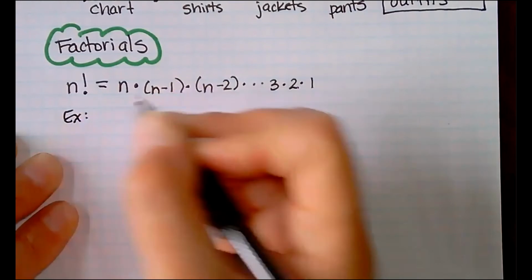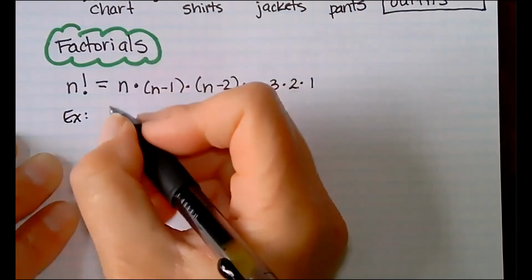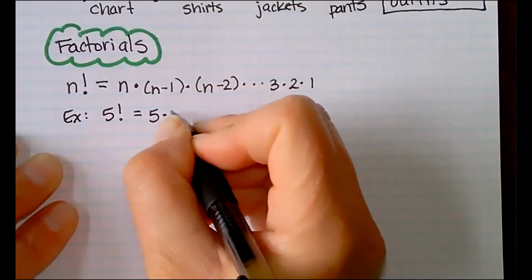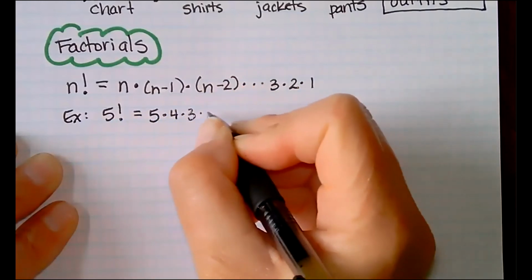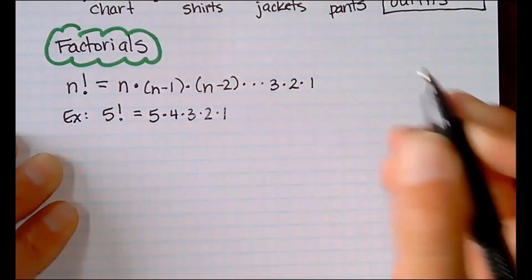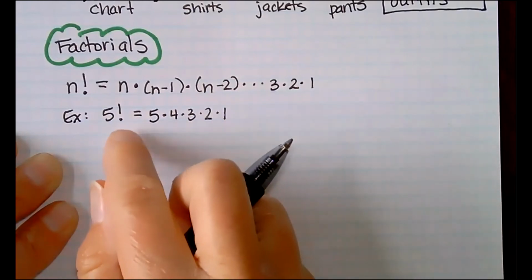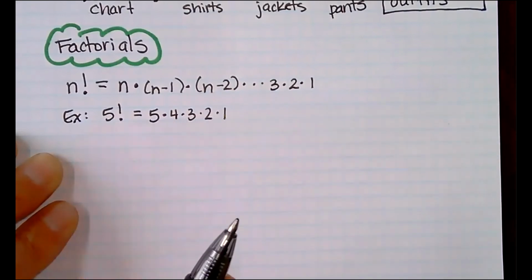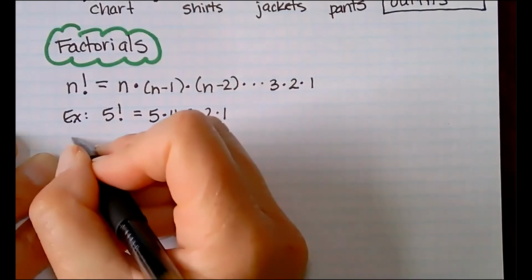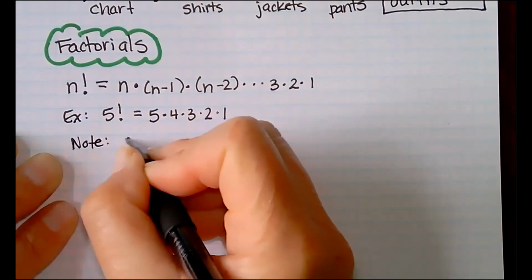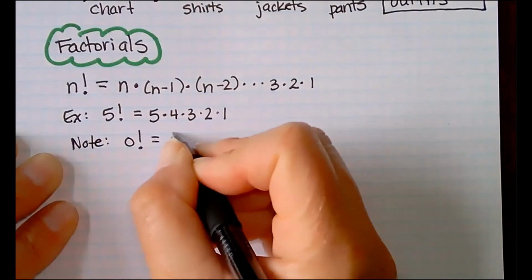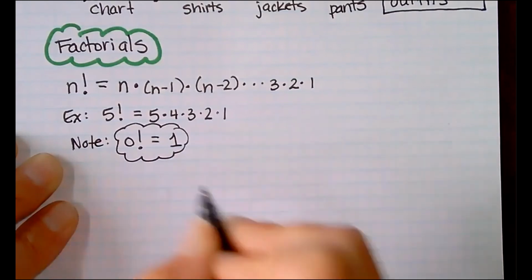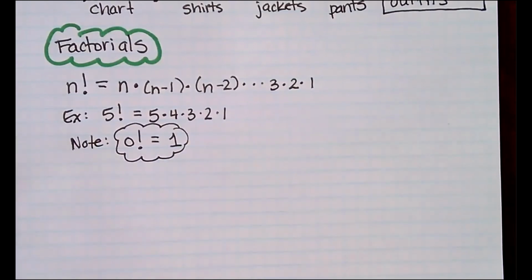So for example, if I wanted to do 5 factorial, it would be the same as 5 times 4 times 3 times 2 times 1. So instead of typing out all of these in my calculator, I could just type 5 factorial. It's going to give me the same answer. Now, a little note, 0 factorial is equal to 1. That's something that you guys want to know, that 0 factorial is equal to 1.